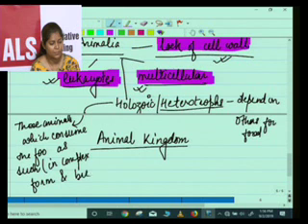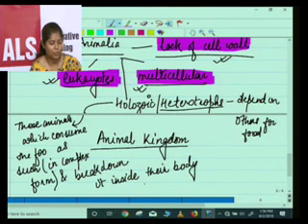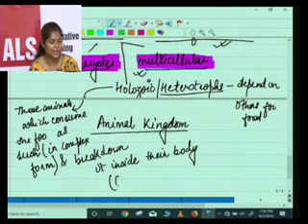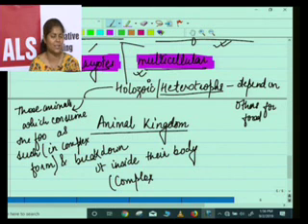and break down it inside their body. So complex to simple is carried out in their body. So you will never call a fungi to be a holozoic, having a holozoic mode of nutrition. You will never call a parasite to have holozoic mode of nutrition.